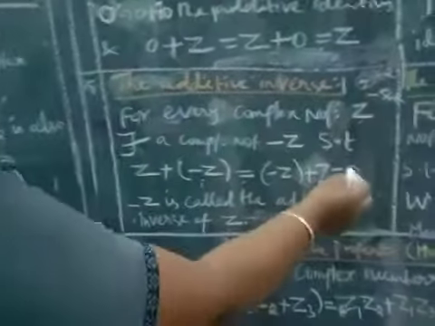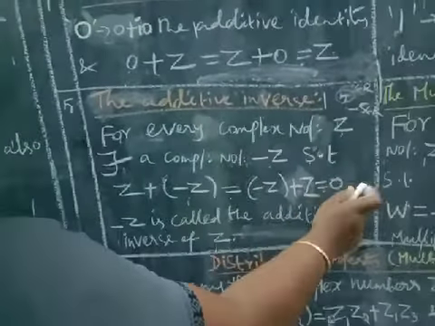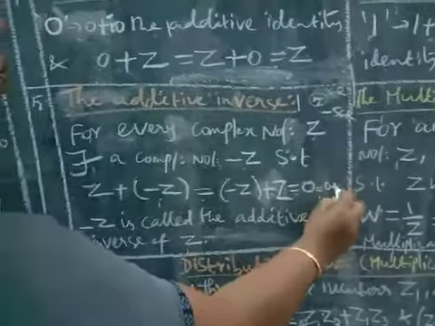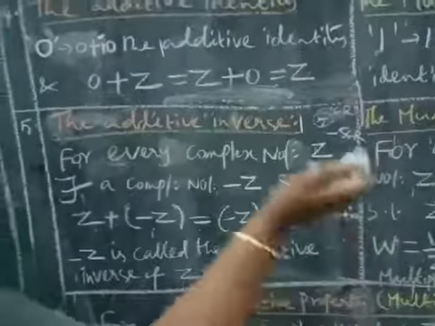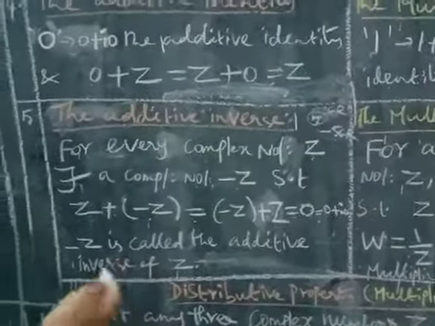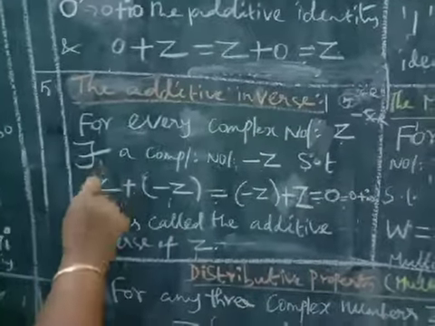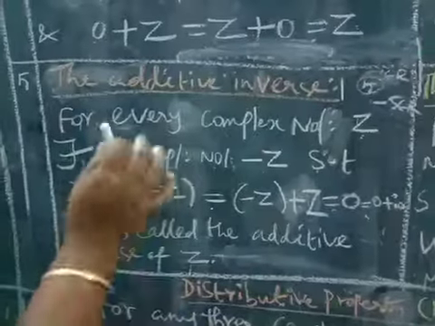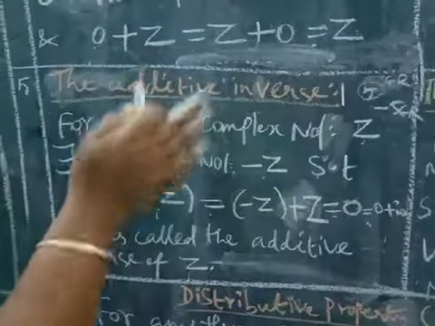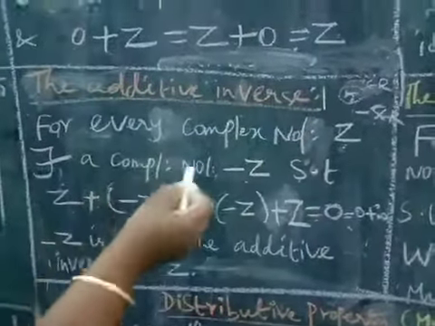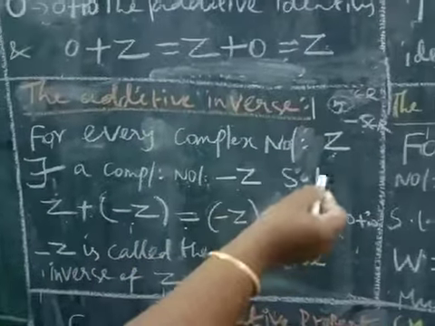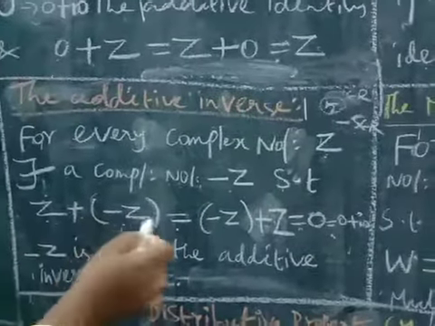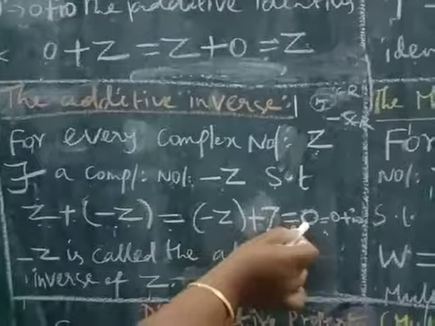Okay, so what is 0? It's nothing but the additive identity, 0 plus I0. So when we add a complex number and its inverse, we get the identity. Okay, so this is the concept. For every complex number Z there exists a complex number minus Z such that Z plus minus Z equal to minus Z plus Z equal to 0.